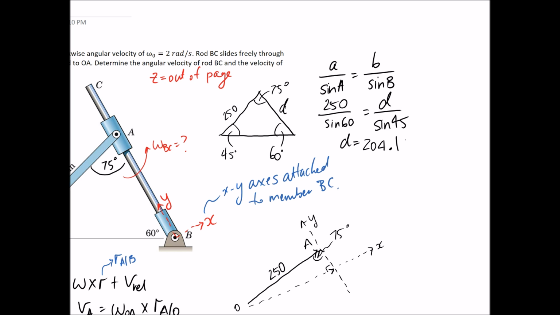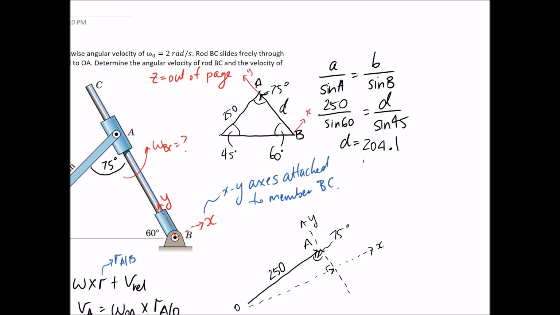Okay, so we just need to write this in terms of the radius of A relative to B. So this is point A up here, this is point B down here, so the arrow is going to go that way, and recall that the y-axis is in line with this. Okay, this is y, this is x.